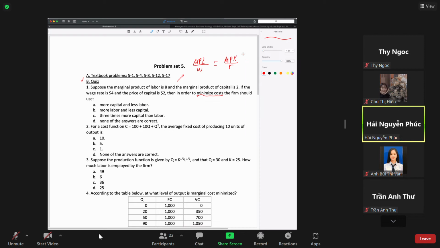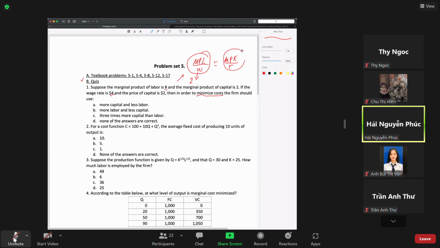Now let's take a look at the information. They give you the marginal product of labor is 8. The wage is 4. So MPL over the wage is going to be equal to 2. Now, the marginal product of capital is 2, the price is 2.